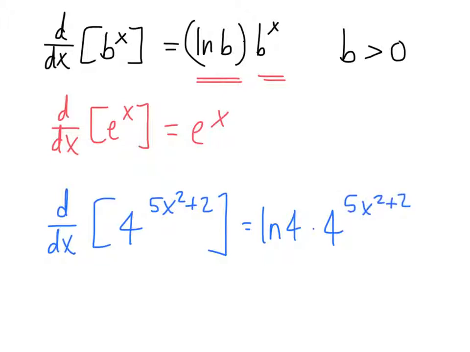But now you have to apply the chain rule, so times the derivative of the inside, which is going to be 10x. So the outside function is 4 raised to the power, and we know that's natural log of 4 times 4 raised to the same power. And then we take the derivative of the inside function, so that's going to be 10x.